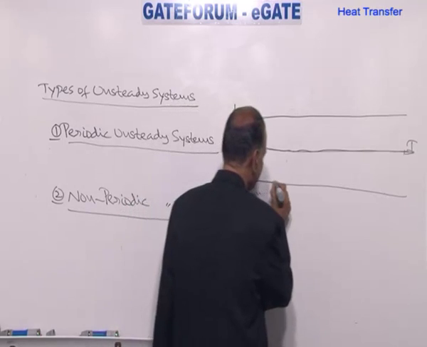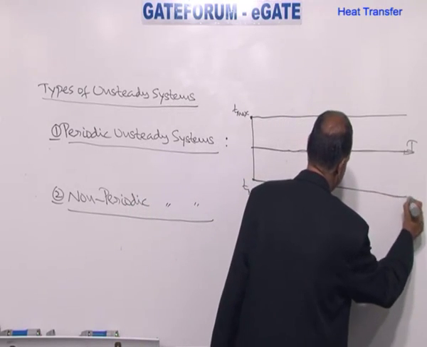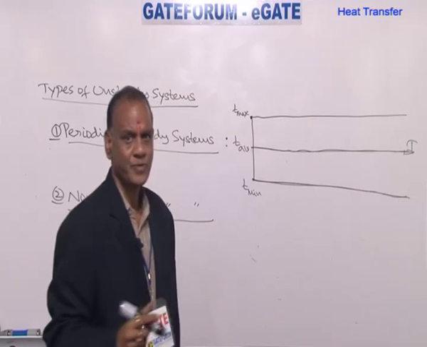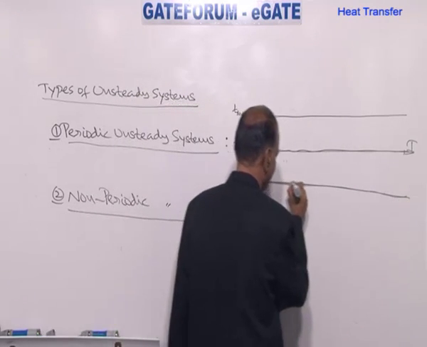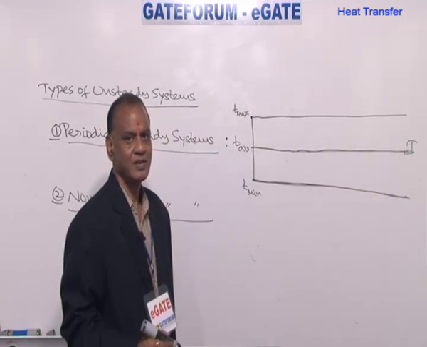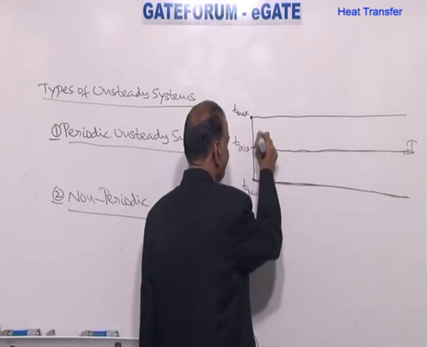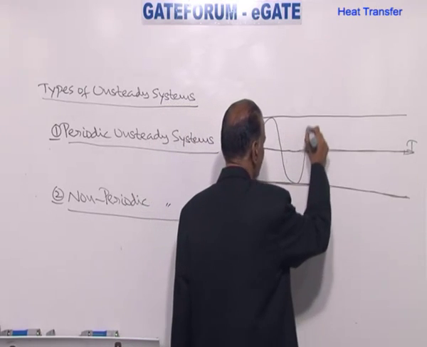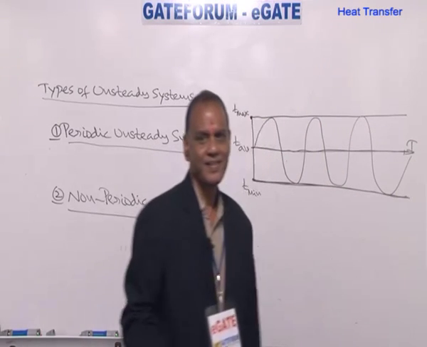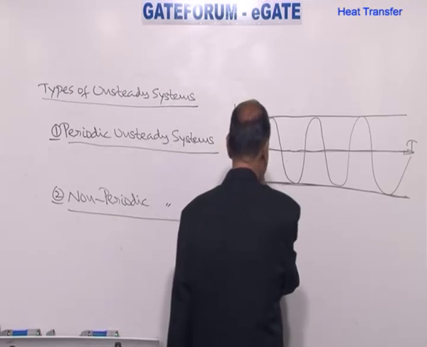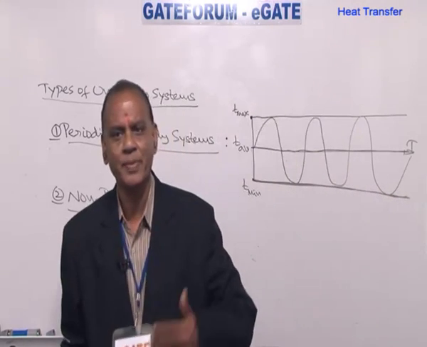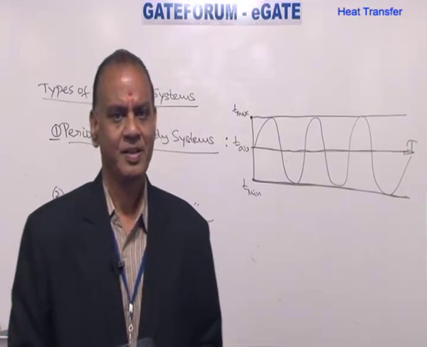Then of course, between these two limits, one can always have the average temperature, T average. Then the temperature varies periodically between these two limits, something like this. That's why we call it a periodic unsteady system.